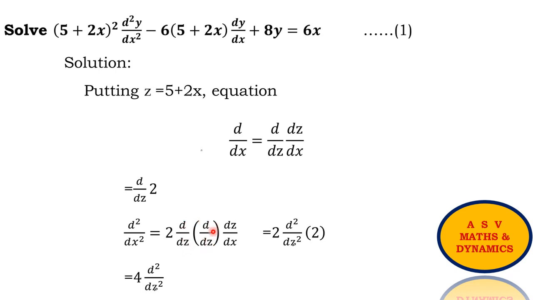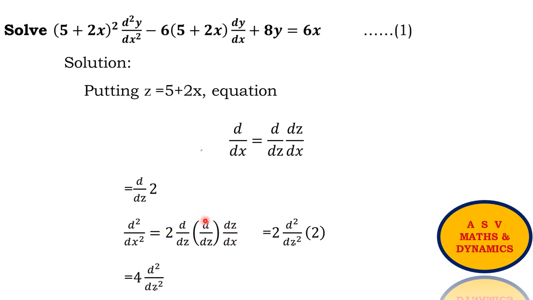Can you understand? 2 into 2. Because one more time we do d over dz, we need d by dz, then dz by dx, and you know very well that the value is 2. So 2 into 2 is 4.